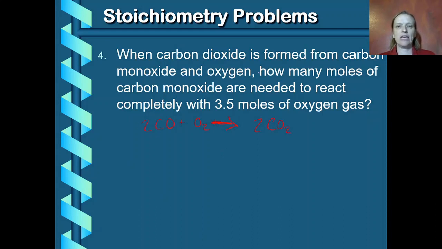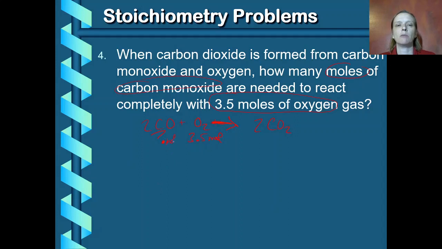And now we need to identify what's our known, what's our unknown. We've got 3.5 moles of oxygen gas, and we want to know how many moles of carbon monoxide. Carbon monoxide, that's this one.